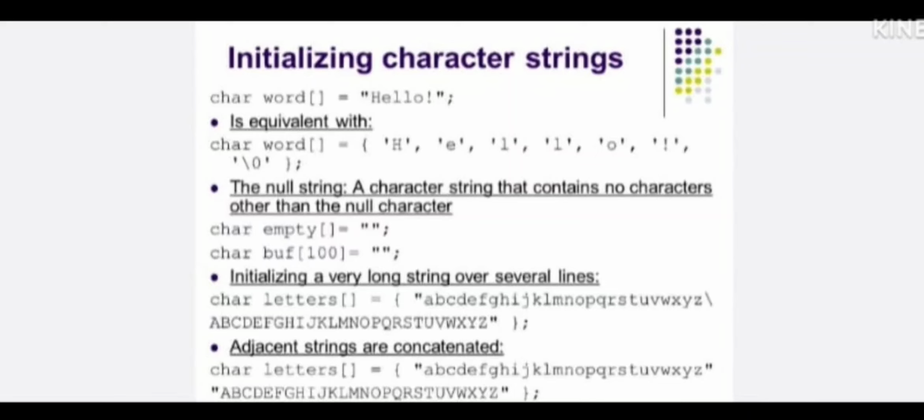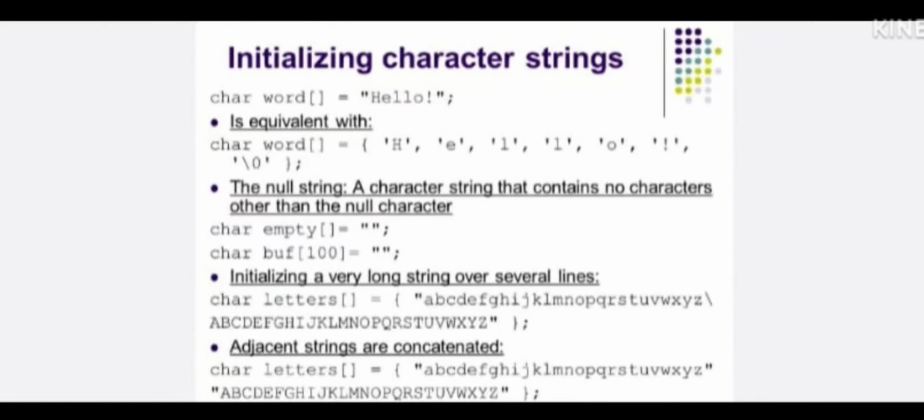Initialization of character strings. Giving values to a string at the time of its declaration is known as initialization of the string. The string can be initialized as follows, for example char hello = "HELLO", and lastly the null \0 is added to the string.